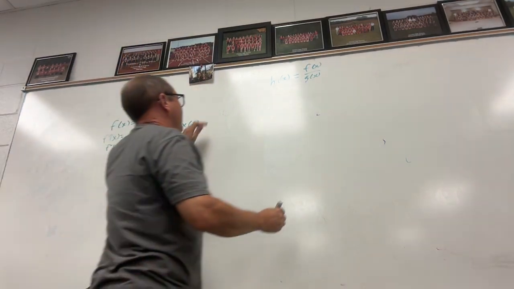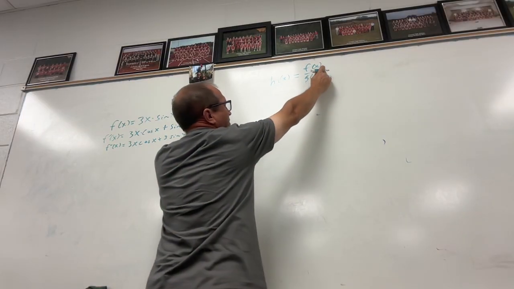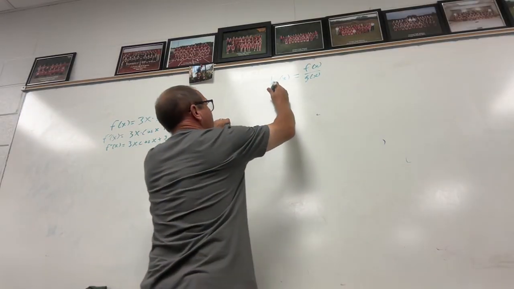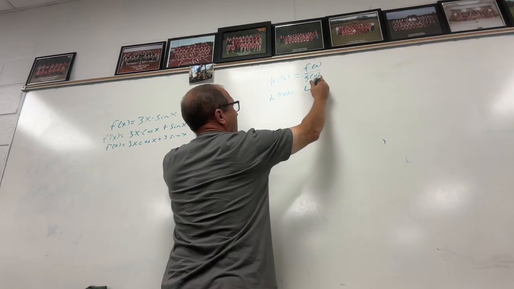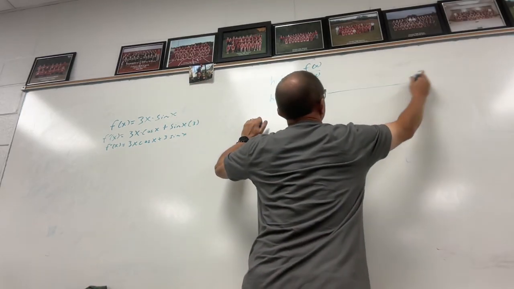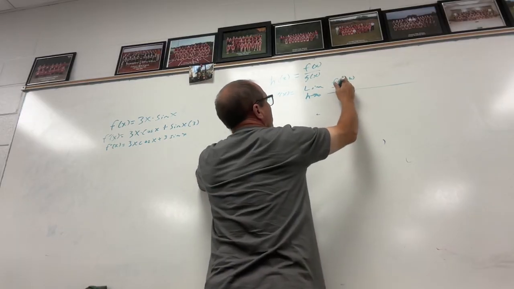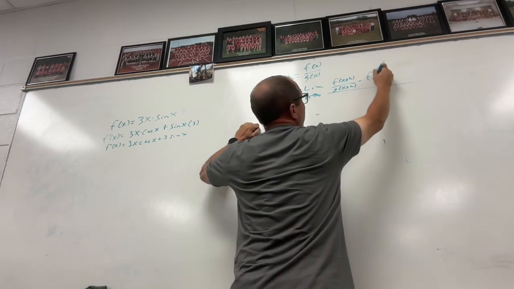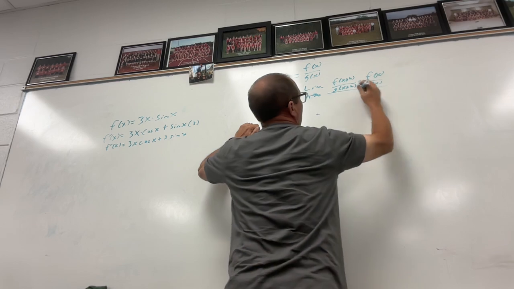We've got that h prime of x is not f prime of x over g prime of x. h prime of x is going to equal the limit as h approaches 0 of f of x plus h over g of x plus h minus f of x over g of x, all over h.